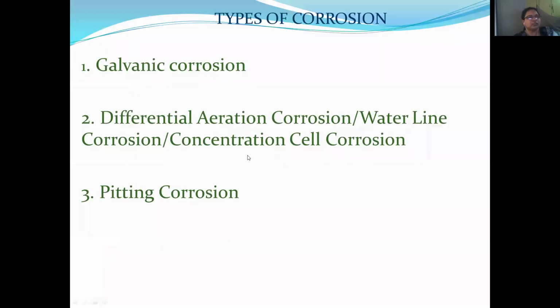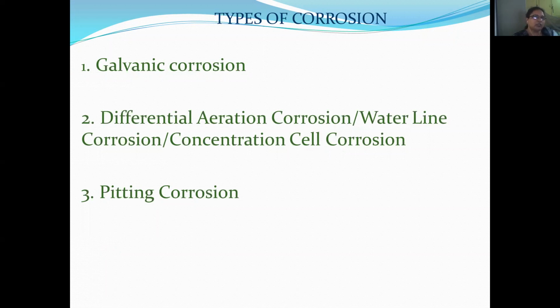So in today's class we have studied galvanic corrosion, then waterline corrosion, and then pitting corrosion. In galvanic corrosion, two dissimilar metals undergo corrosion in the presence of a conducting liquid. In differential aeration corrosion, or waterline corrosion or concentration cell corrosion, you have two different aeration zones.